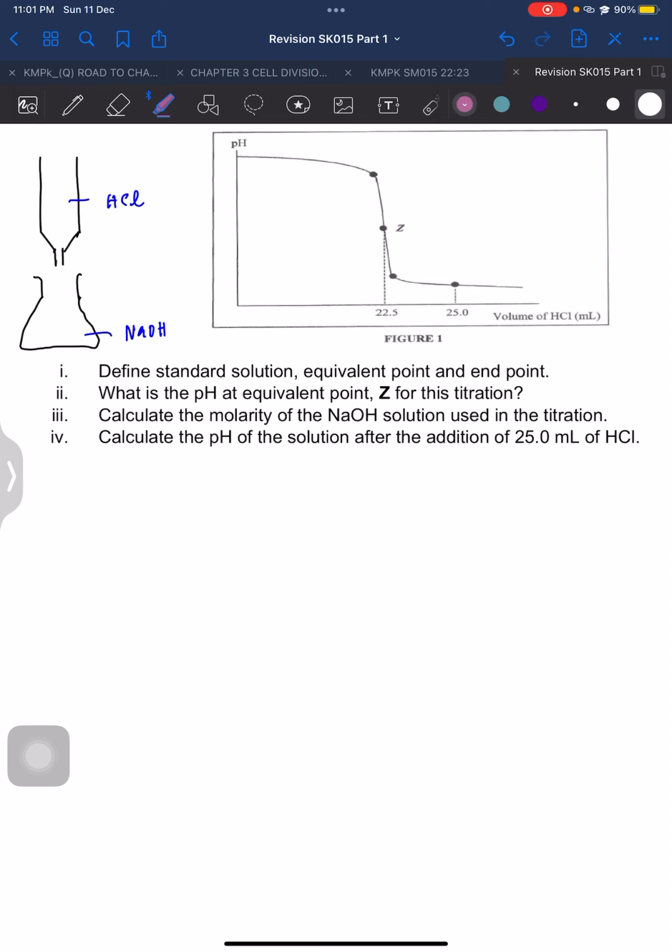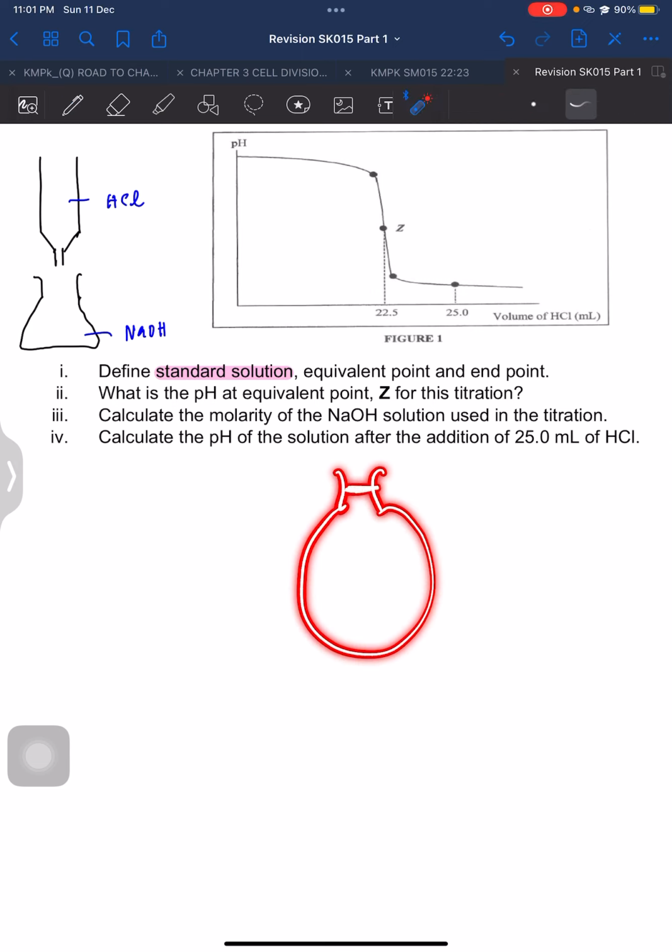Okay, so now define standard solution, equivalent point and endpoint. So standard solution, if you remember in your experiment, we fill the water until it reaches the remarkable mark. So that is the standard solution. So what's the meaning of standard solution?